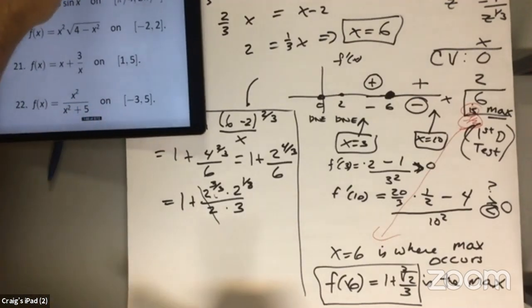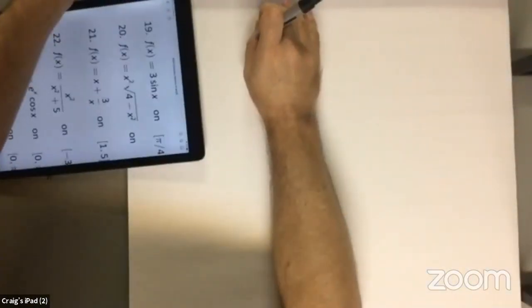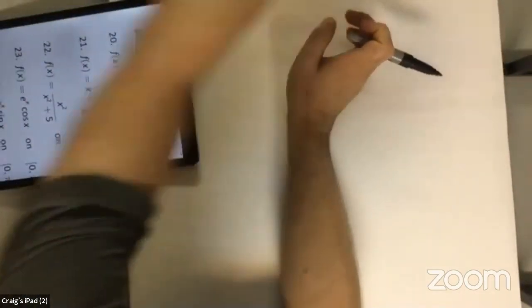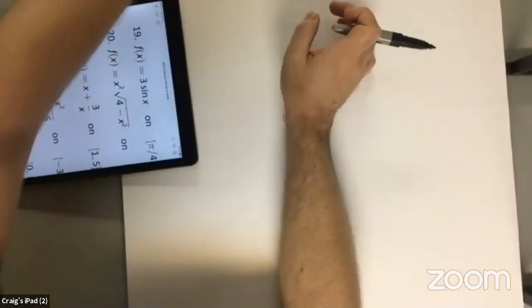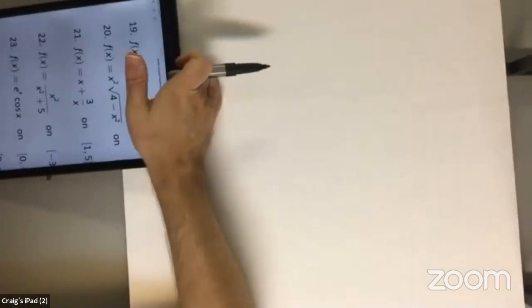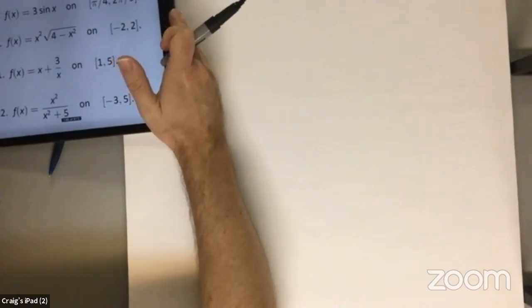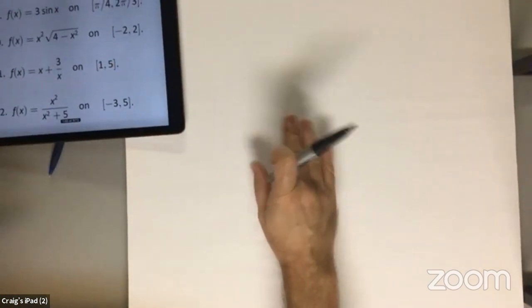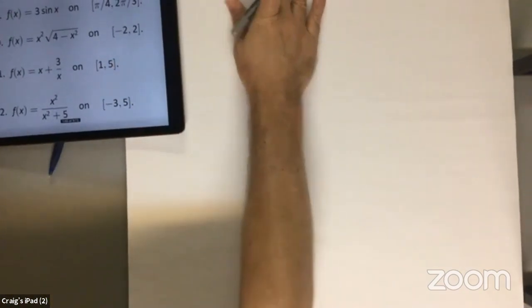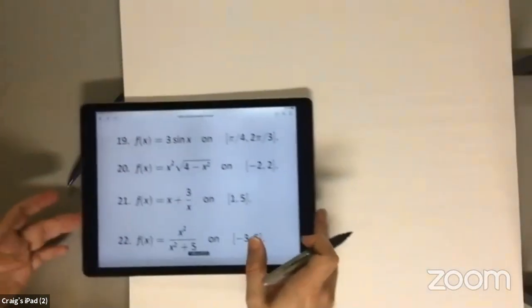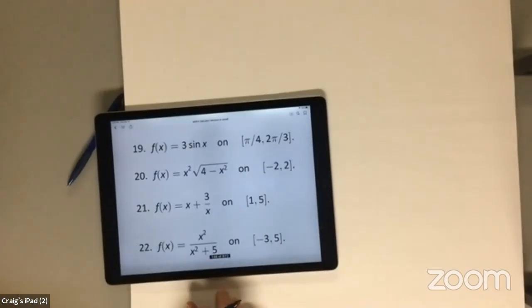So yet another piece of paper. Okay, and I'm looking for the derivative of f of x equals x squared times the square root of 4 minus x squared.